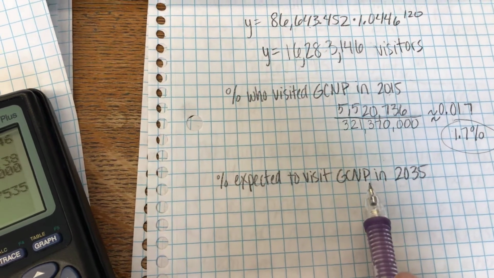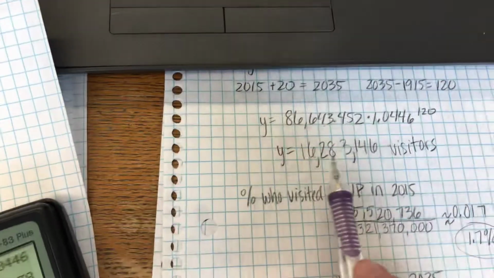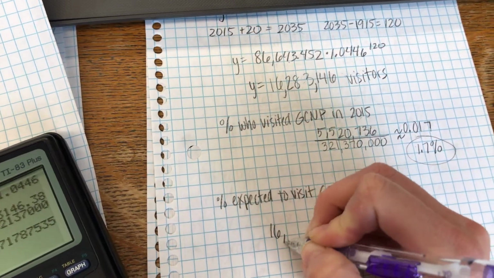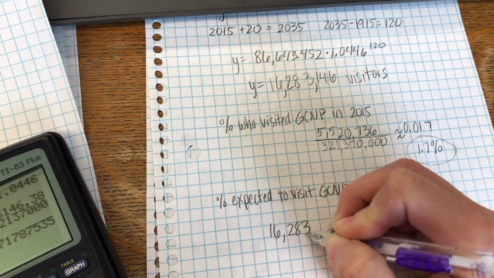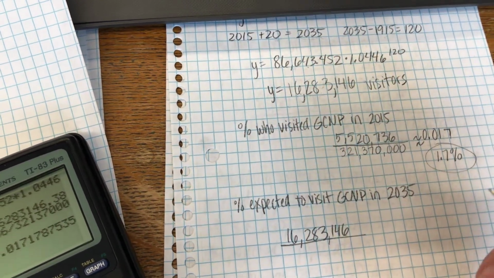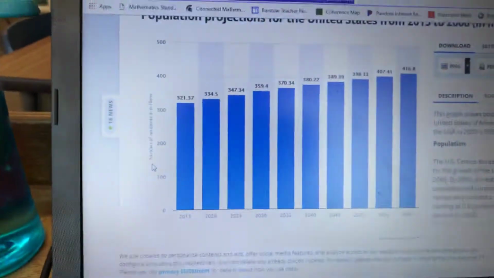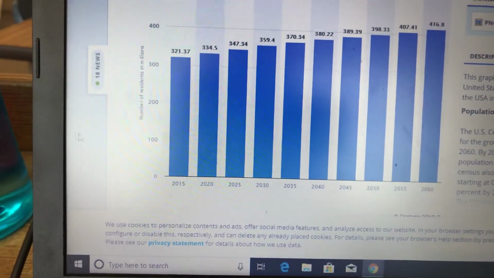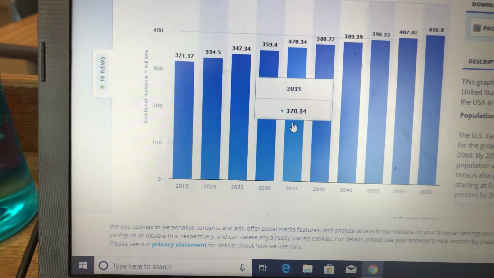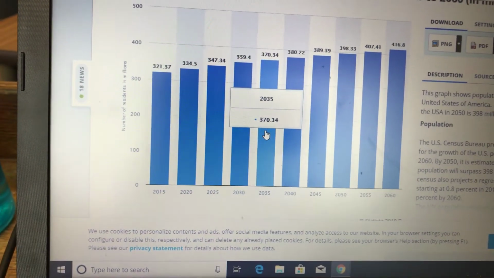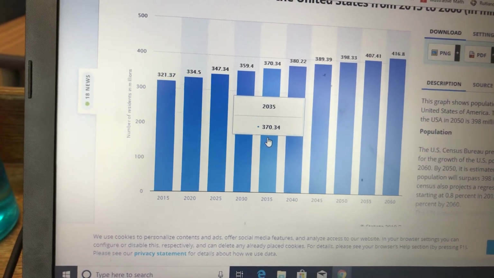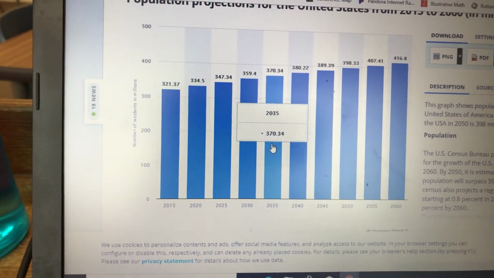So the percent expected to visit, according to what we calculated up here, would be 16,283,146, and the whole population in 2035, according to this table, is right here. So I'm writing this down, 370,340,000.